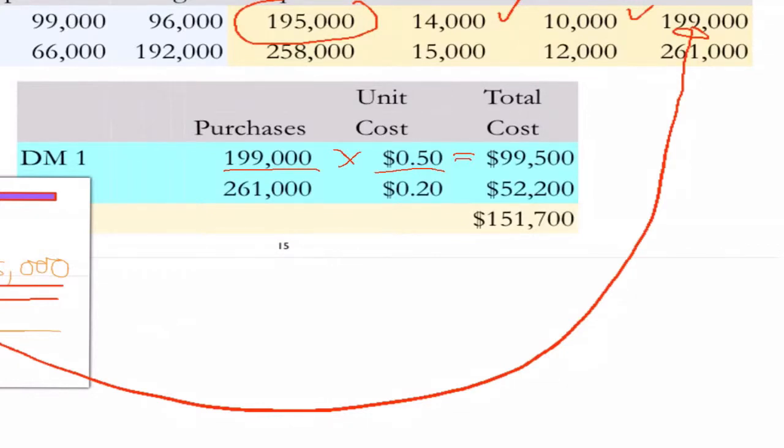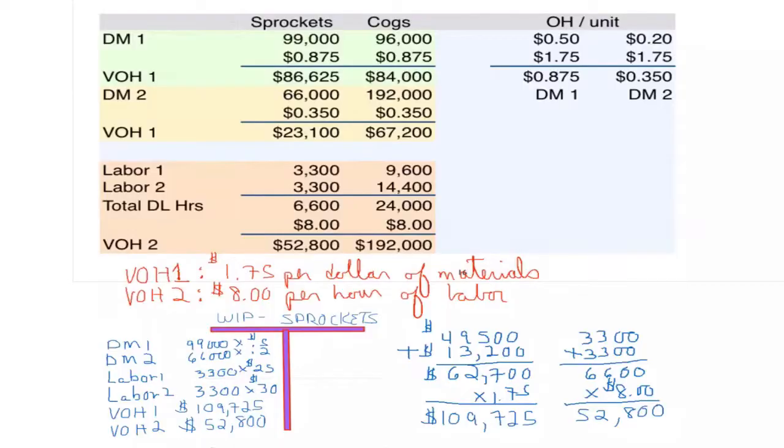For raw materials 2, we can go through the same process and calculate that 261,000 units need to be purchased at 20 cents each, and that will equal 52,200. If we add the two together, we see the total budget for purchases is 151,700.